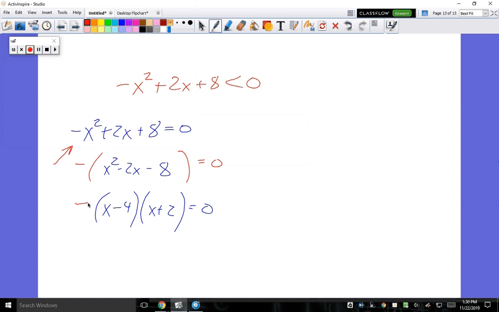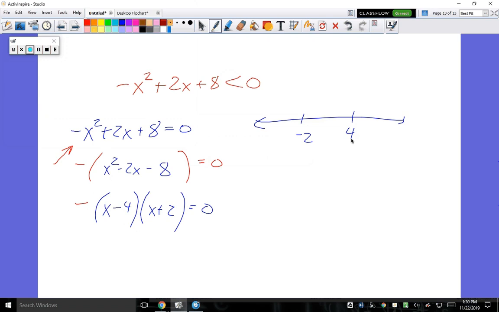See what I'm doing right now? Some people will choose to divide both sides right now by a negative so that they get rid of this thing and it's gone. You have to be careful with that, because right now what's in blue in parentheses is so that I could find negative 2 and positive 4.